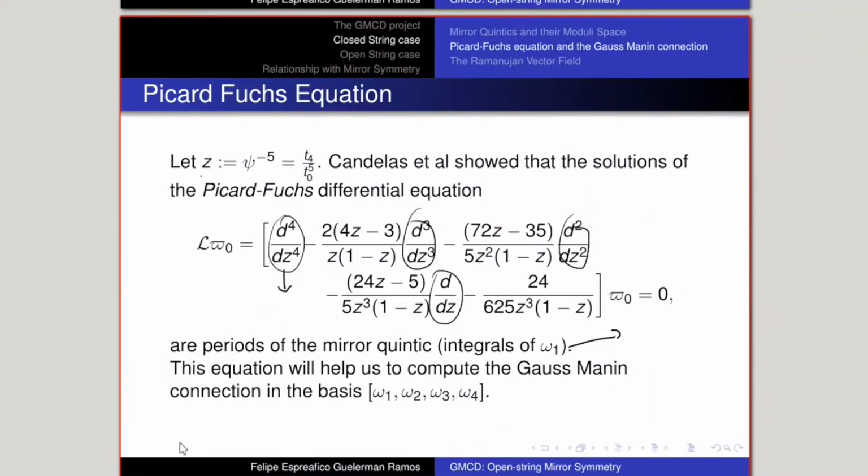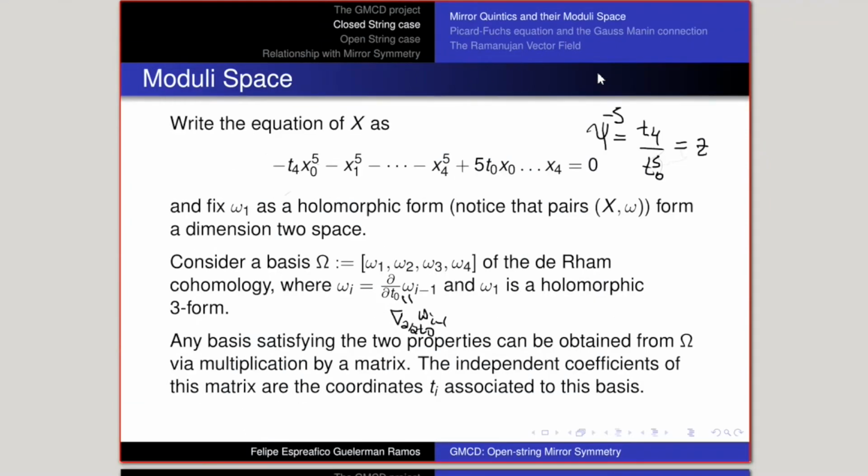So in the end, we get an expression for the Gauss-Manin connection of omega 4 with respect to z as a sum of some coefficients in z times omega I. Exactly, because by definition, omega I should be the derivative of omega I minus 1.